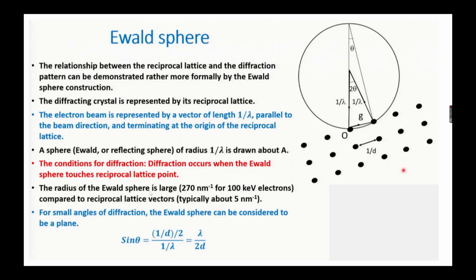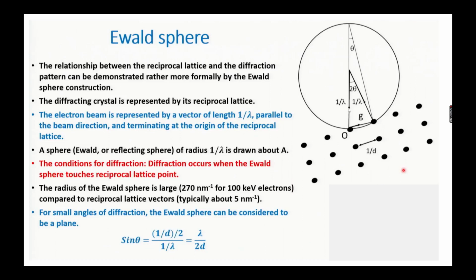When the radius of the Ewald sphere is large, then if you increase the radius, your theta will get smaller and smaller, it will come closer in the reciprocal lattice.